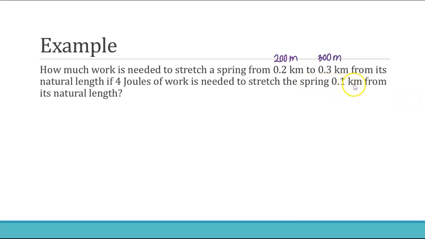And the other value that is in kilometers is this distance here, 0.1 kilometers, which would then be 100 meters. So that's the first thing I would do to start with, turn everything into meters so that we're going to have the correct units. So in that previous problem, we already had foot and pounds, but let's say we had inches provided. To start the problem, we would convert those inches into feet to start with.